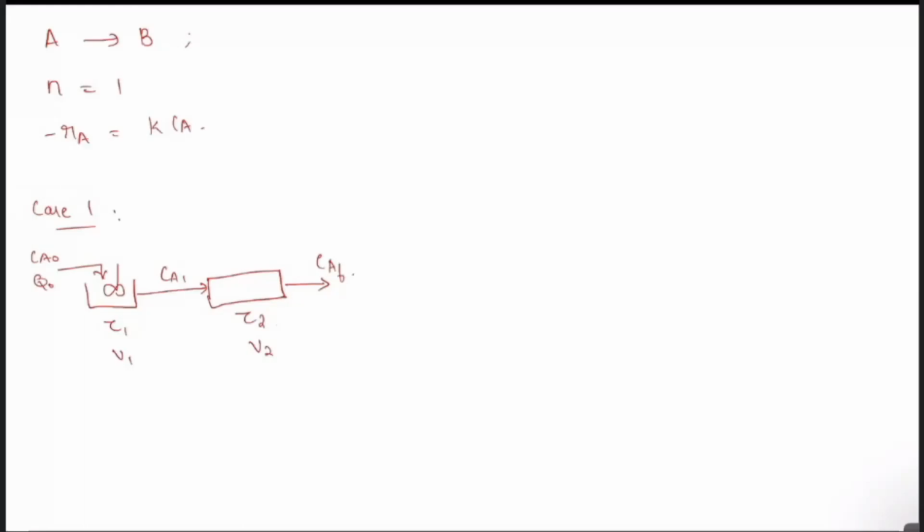So now tau1 can be written as V1 by Q, which will be equal to CA0 minus CA1 by k CA1. This is basically the design equation of the CSTR.